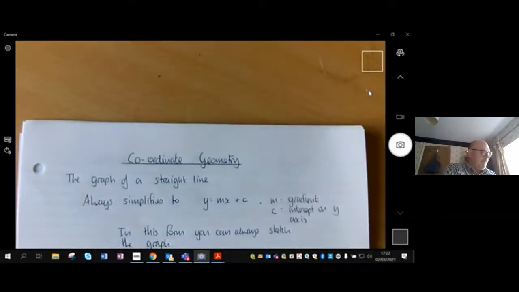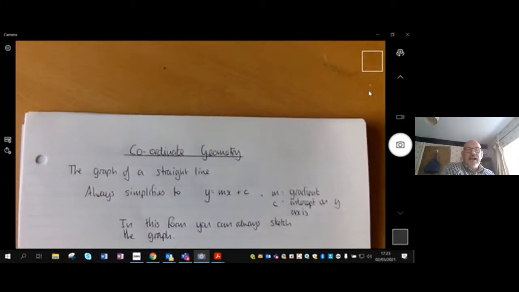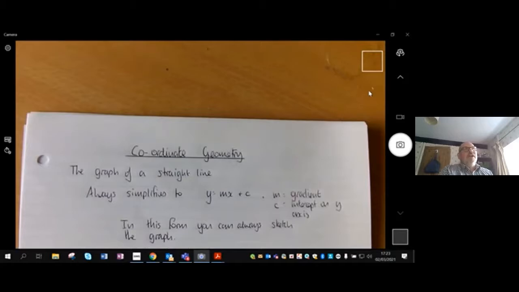And from that form, you can always sketch the graph of the function, because you can draw your x and y axes, put the point in, label it, draw a line, and you have a sketch graph. And actually, all the graph work you did in year 11 was leading to be able to do that, so you don't have to draw accurate graphs.